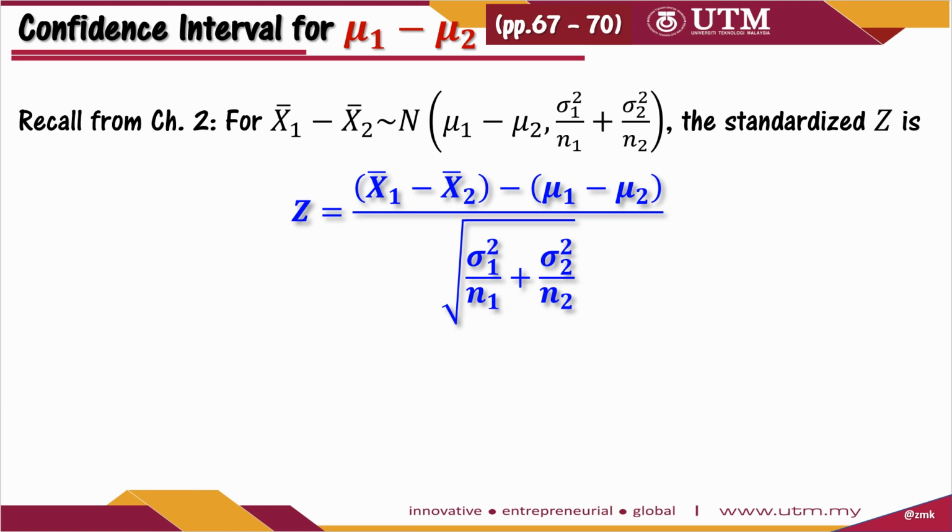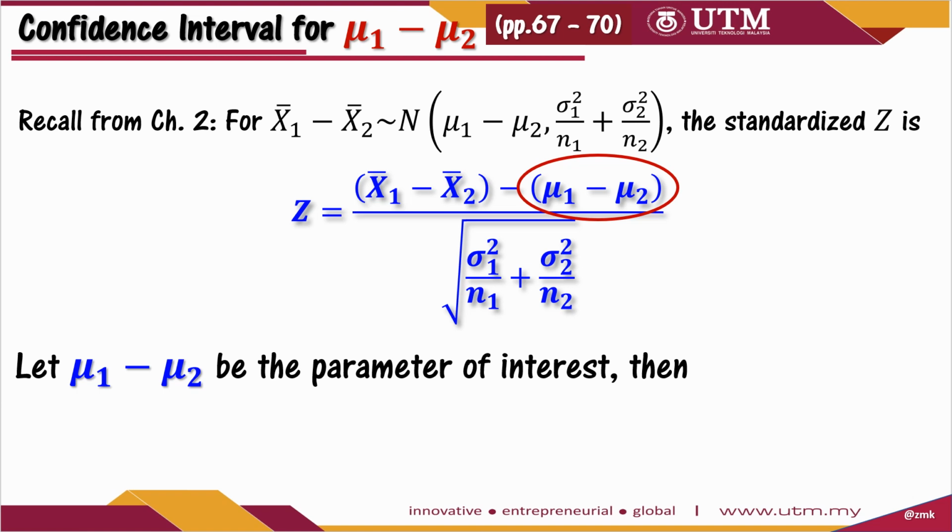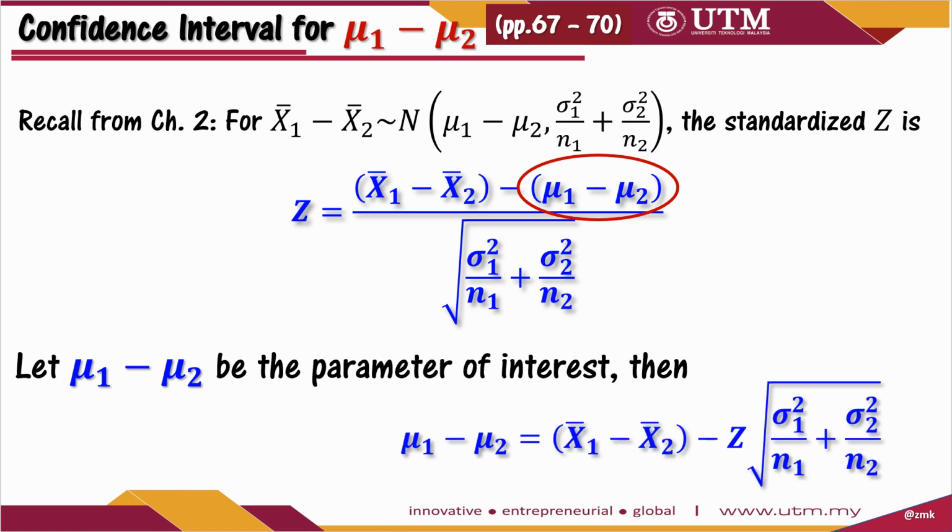Now let us focus on mu1 minus mu2 and consider this difference between the two population means as our parameter of interest. Rearranging the Z formula, we then have the following expression: mu1 minus mu2 equals x bar 1 minus x bar 2 minus z multiplied by the square root of sigma 1 squared over n1 plus sigma 2 squared over n2.